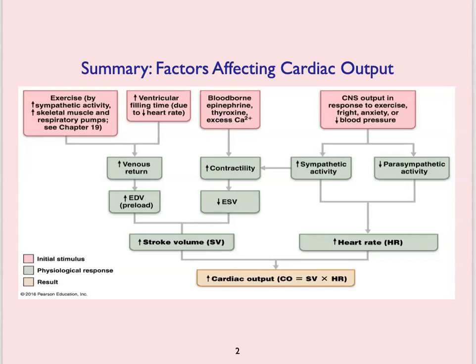And how can we maximize or optimize the stroke volume? Once you really understand the concepts behind these, you should be able to answer these questions without looking at this diagram. So this part of the lecture is just focused on understanding this diagram.